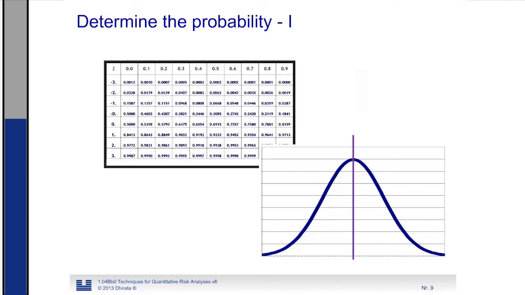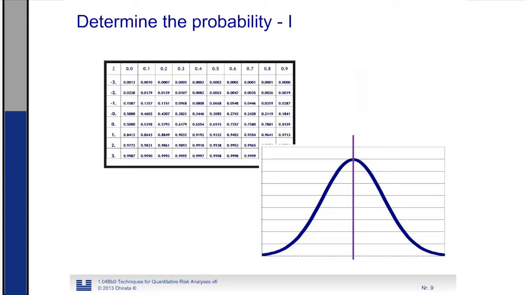There is a so-called Z-table, and in the Z-table we can determine the probability that we are below a certain distance from the average. And this distance is always given in the number of standard deviations.